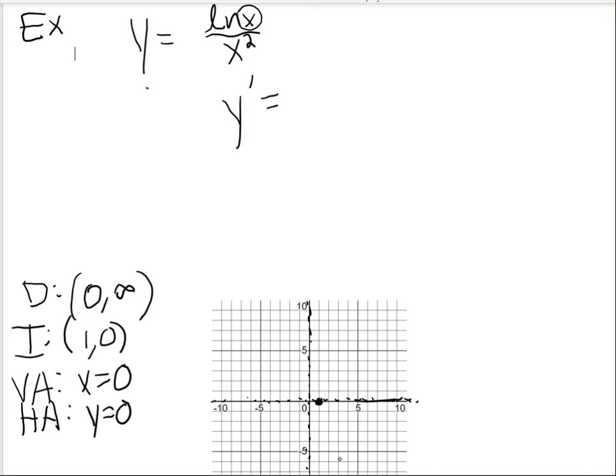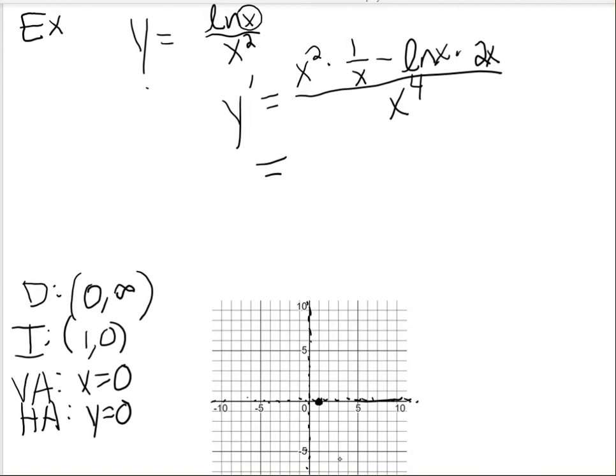You can't just take the derivative of top over the derivative of bottom. That's L'Hopital, and that doesn't work for taking derivatives. So it's the bottom times the derivative of the top minus the top times the derivative of the bottom, over bottom squared.